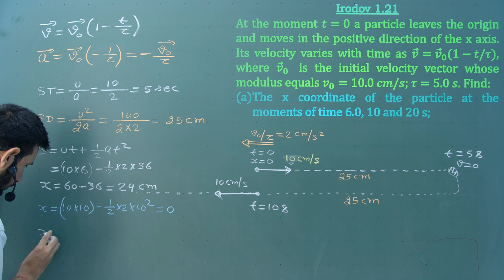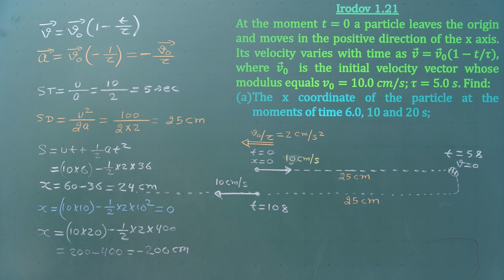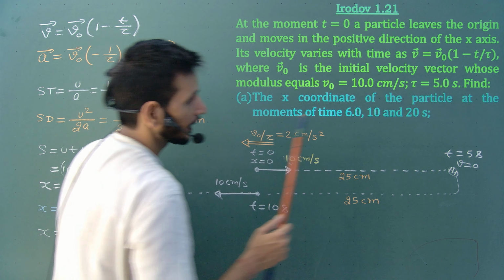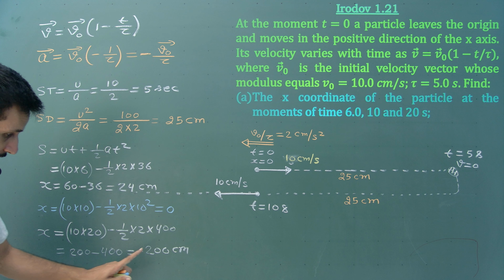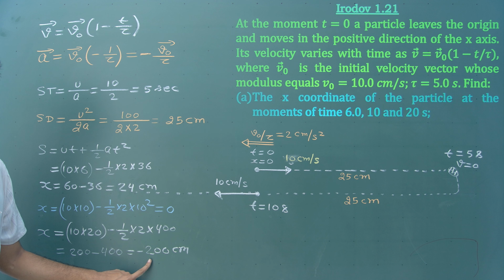So its position is minus 200 centimeter. Now if you check the book of Irodov, the answer for this 20 second is written as minus 4 meter, which is wrong. This number is not minus 4 meter, it is minus 2 meter, and the correct answer is minus 200 centimeter. So this is the correct answer.